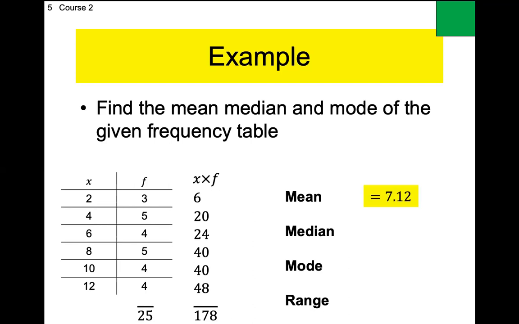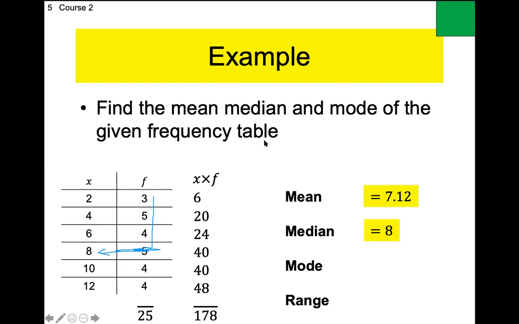To find the median, you take the second column's total, 25, divided by 2, round up. That gives me 13. I need to find the 13th number. You count up until you get to 13. 3 plus 5 is 8, plus 4 is 12. The 13th number would be in this row right here, and that number is 8.